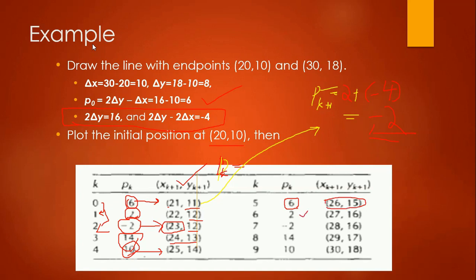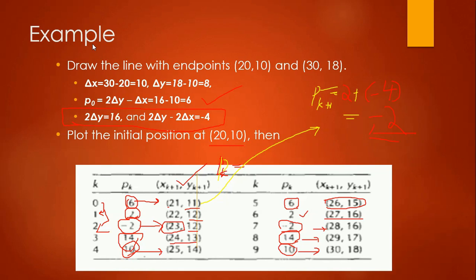When Pk is positive, that is 2, we incremented both x and y values. When Pk is negative, that is -2, you increment only the x value. That is 28, 16 you kept. Again Pk is positive, so increment both x and y values.